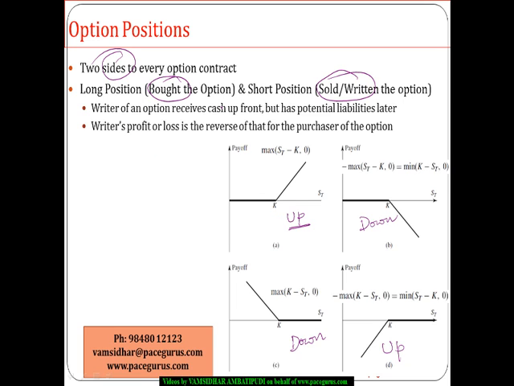So the writer of the option receives the upfront premium, but after that his liabilities could be unlimited. He has to act as per the action of the long position. The writer's profit or loss is always the reverse of the purchaser's, so I can always take the negative of the purchaser's profit or loss position and call it the writer's loss or profit position.